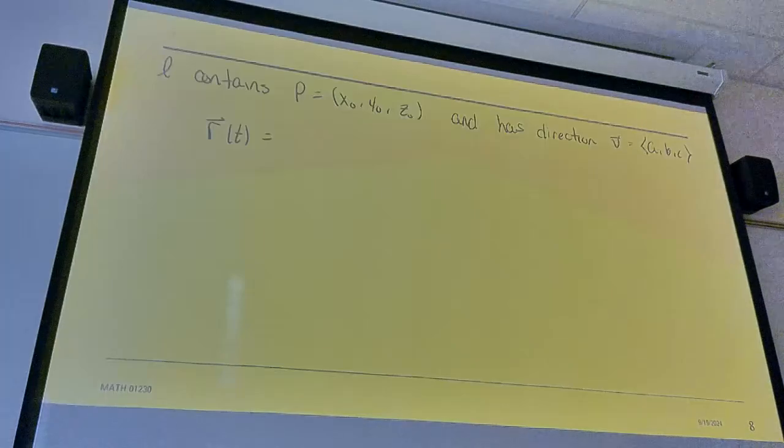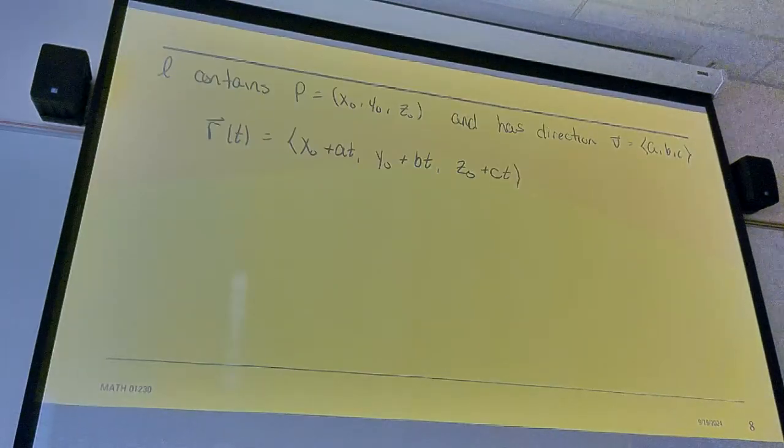What was the set of parametric equations? So x equals what? X equals x0 plus at, y equals y0 plus bt, z equals z0 plus ct.